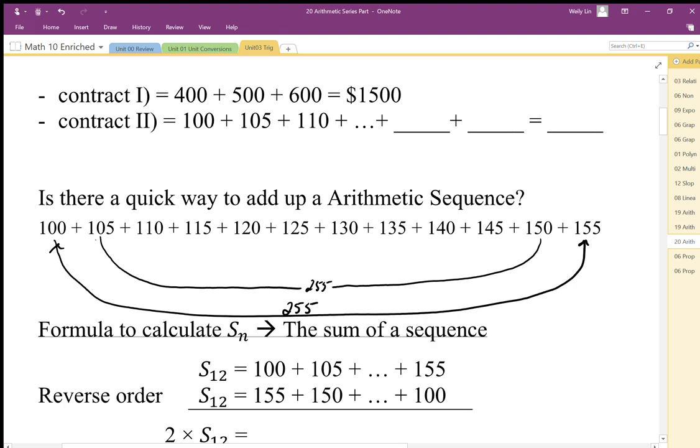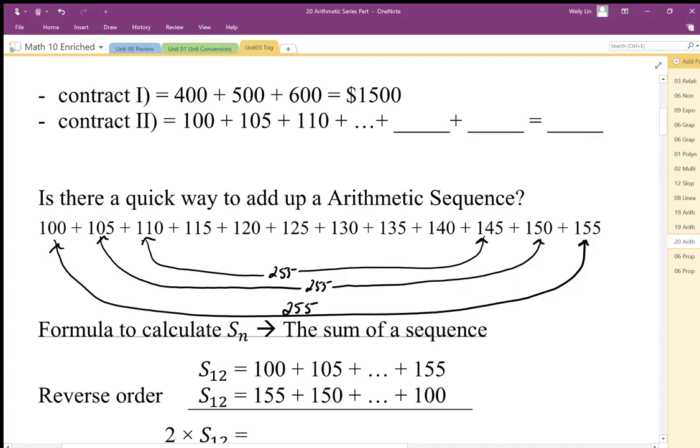And in fact, if we keep doing that and putting it into pairs, because on this side we're taking away 5 and this side we're adding 5, we're just going to keep on adding up the same number. We're going to add up to 255 each time.